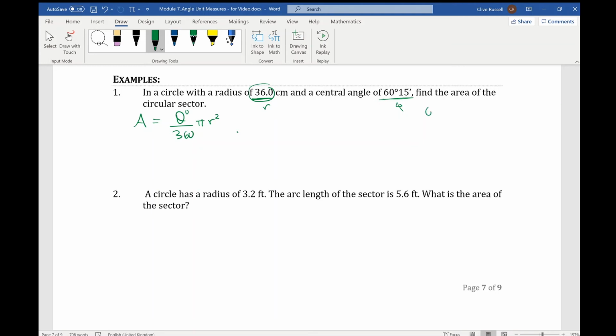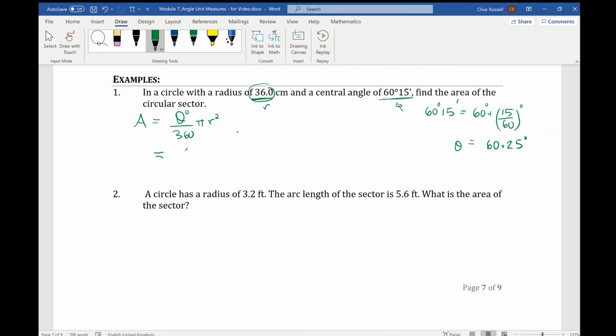So 60 degrees 15 minutes is the same as 60 degrees plus 15 over 60 degrees. If you do that, it's 60.25 degrees, because 15 over 60 is a quarter, point 25. So now we have our theta value, and it's just a matter of plugging back into this formula.